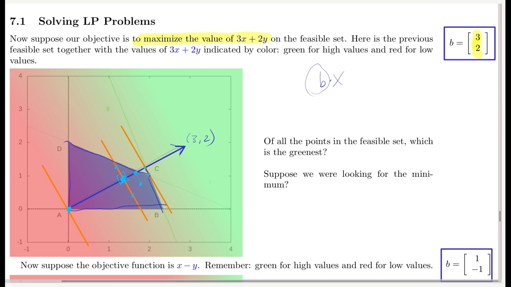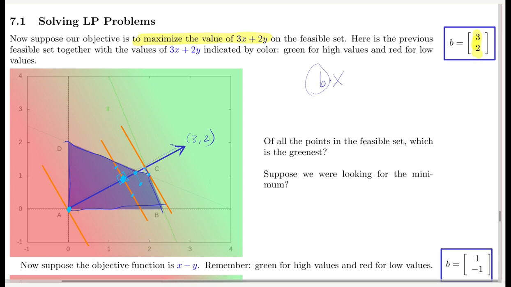So if you're looking to maximize, then you want to pick the point x that points furthest in the direction of the objective vector. And if you want to minimize the value of the objective function, then you pick an x value that minimizes the projection, or the value of the dot product, right?